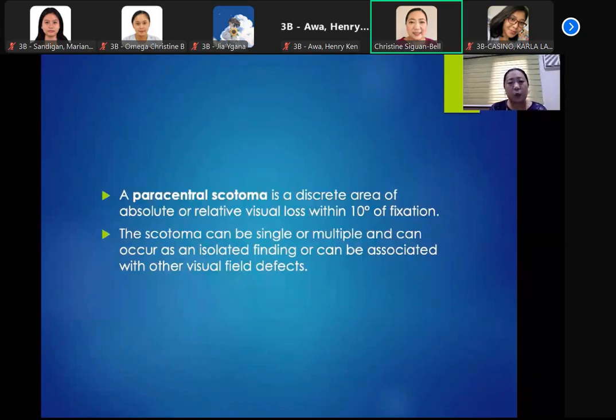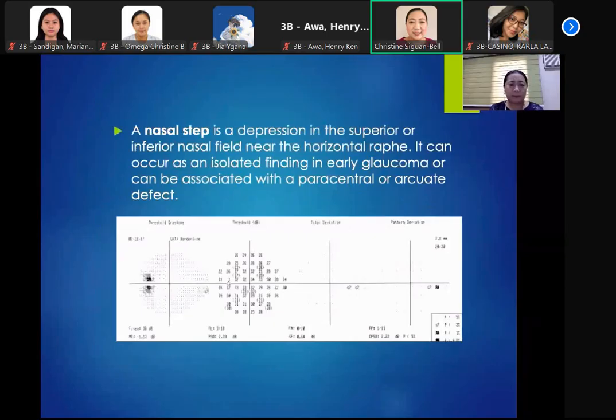A paracentral scotoma is a discrete area of absolute or relative visual field loss within 10 degrees of fixation. The scotoma can be single or multiple and can occur as an isolated finding or be associated with other visual field defects. This is a nasal step. It is a depression in the superior and inferior nasal field near the horizontal raphe.